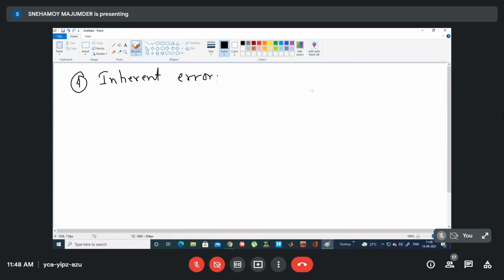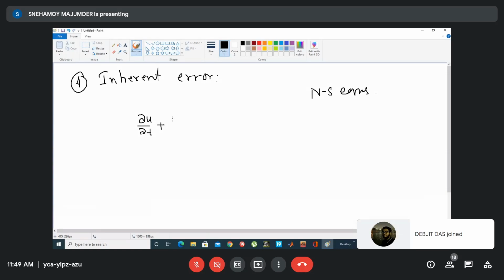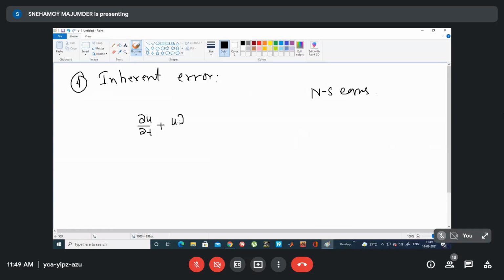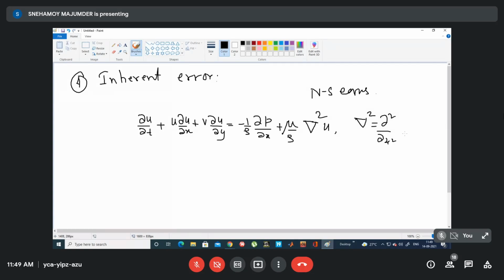For example, suppose you solve the Navier-Stokes equation. I have told you the other day. del u/del t plus u del u/del x plus v del u/del y equal to minus 1 by rho del p/del x plus mu by rho del squared u, where del squared stands for del squared u/del x squared plus del squared u/del y squared.